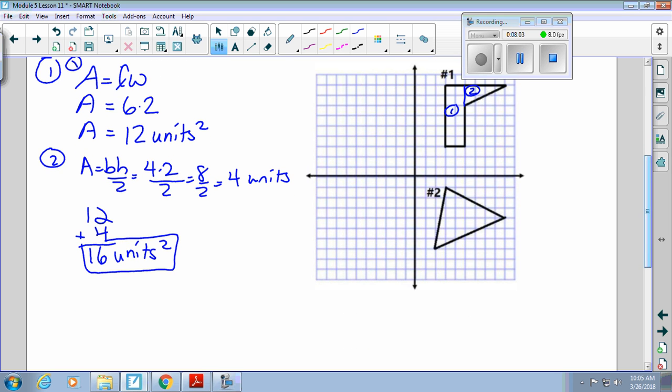Number 2. So shape number 2, I'm going to start this down here so it doesn't look weird. In this case, if you try to chop this up, it's not going to work well because it's really hard to see exactly where things intersect.